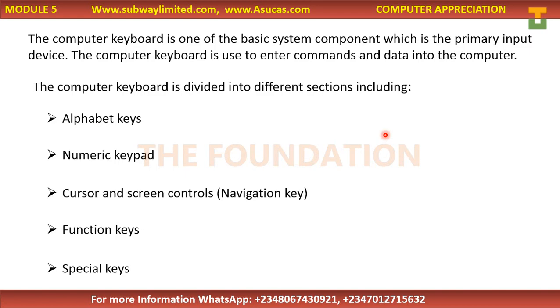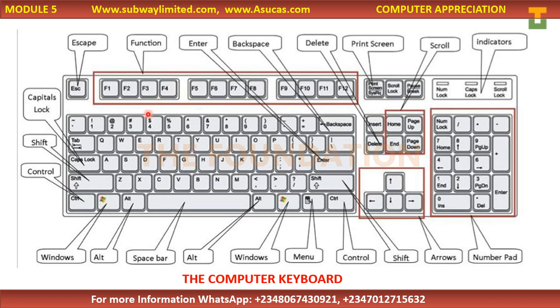We have the special keys like your shift key, your control key, and every other key, escape key. We have to take a closer look at each of the keys on the computer keyboard and what it is used for.